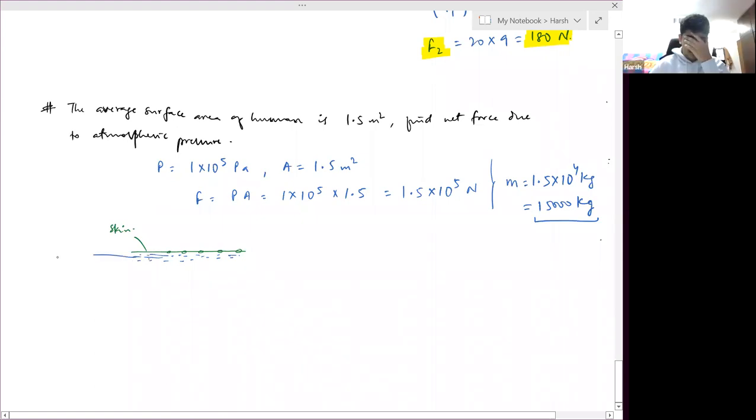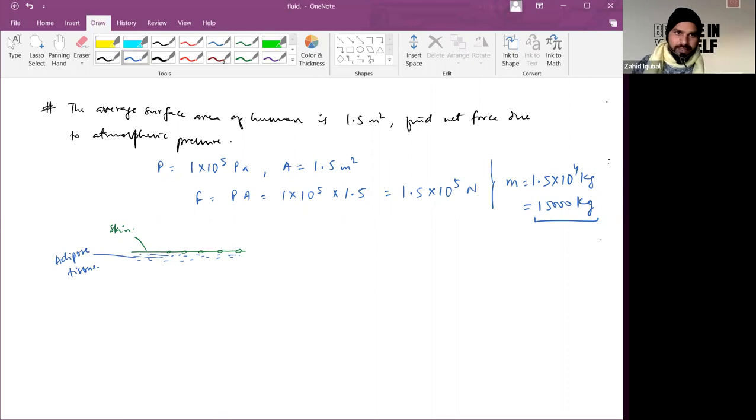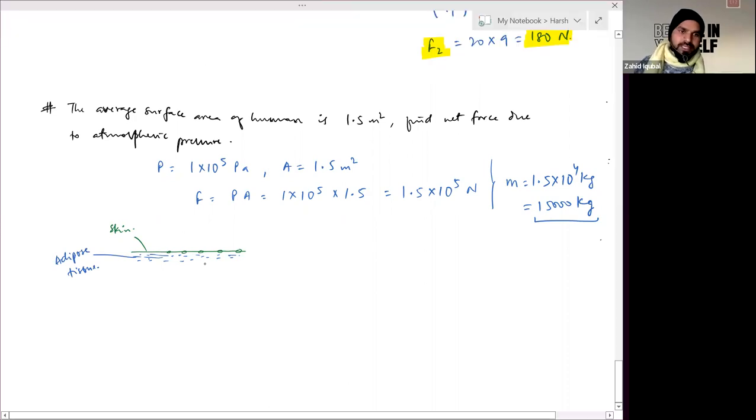Adipose tissue is skin's tissue, which may have some bubbles in which air from outside may get filled, and it may exert some pressure towards the outside.